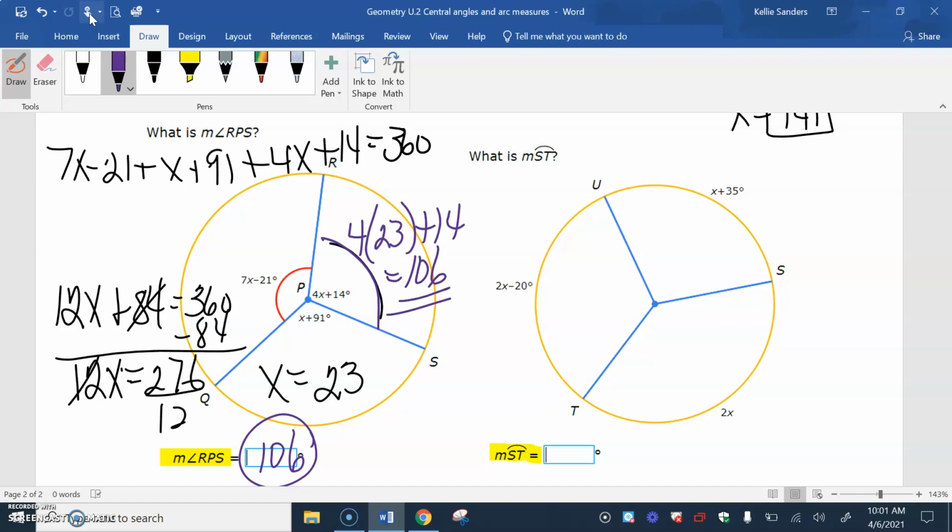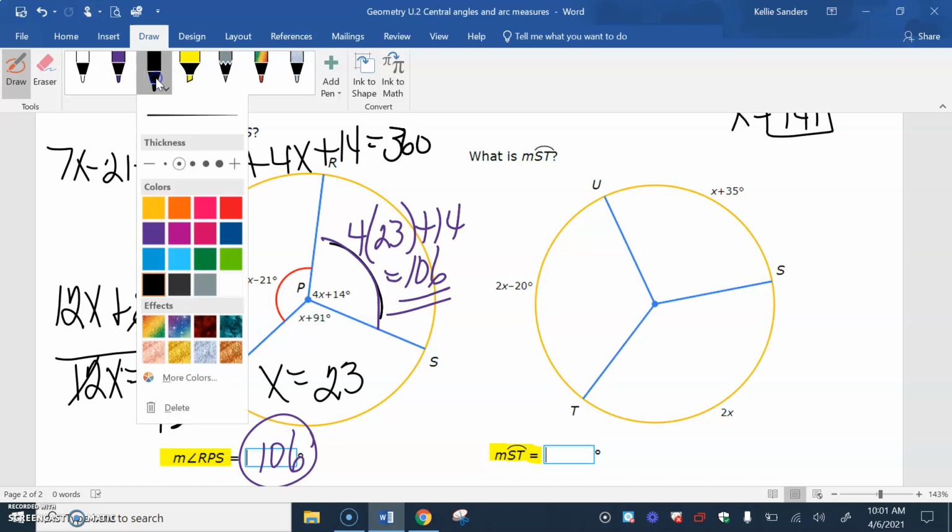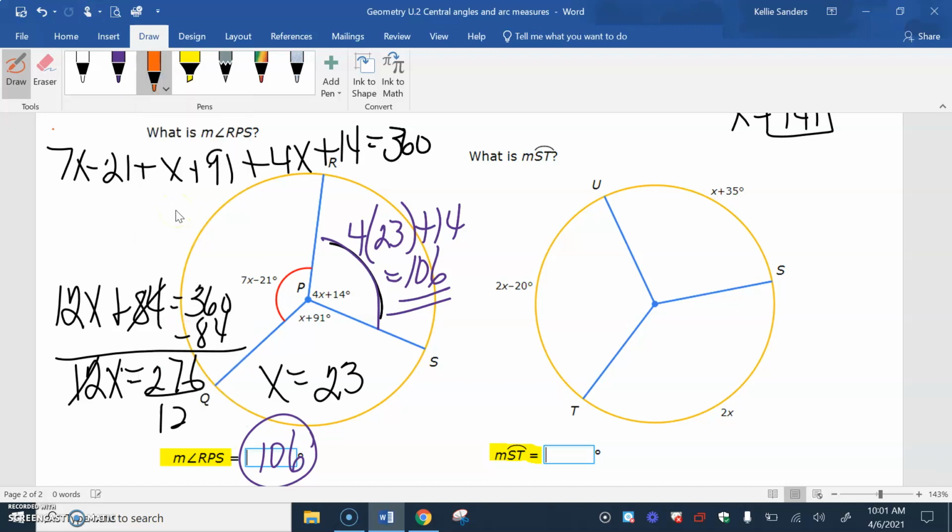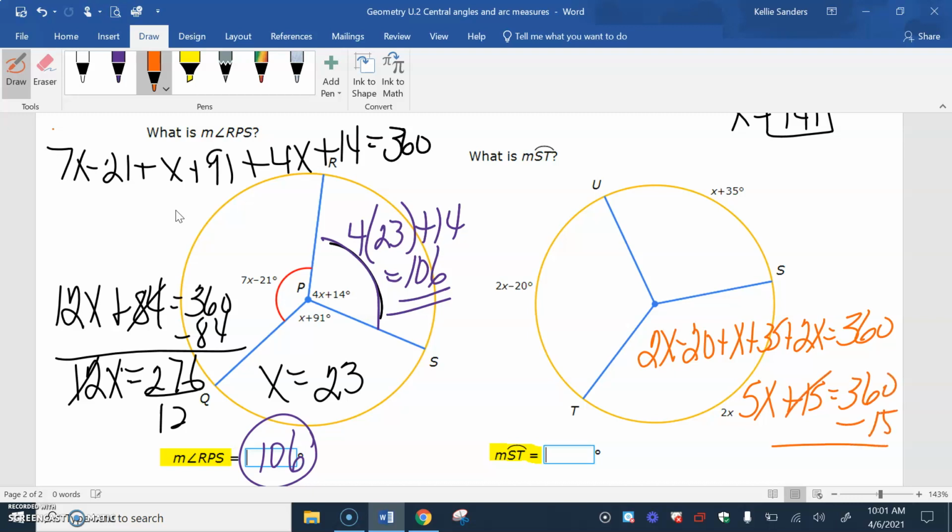Same thing with this one. So we have 2x minus 20 plus x plus 35 plus 2x equals 360. 2, 4, 5x plus 15 equals 360. Subtract the 15.